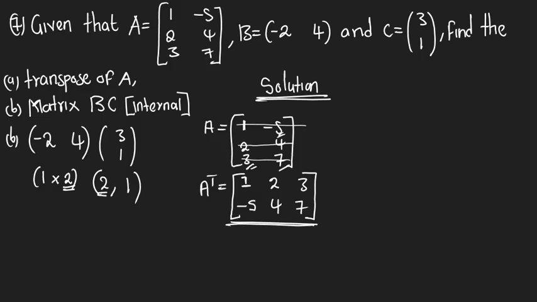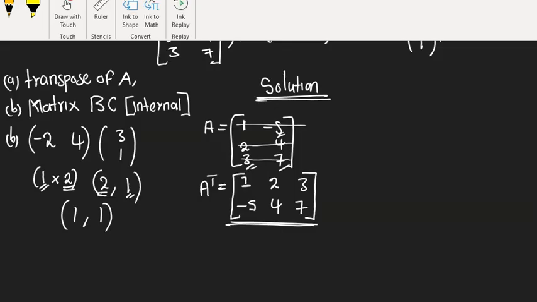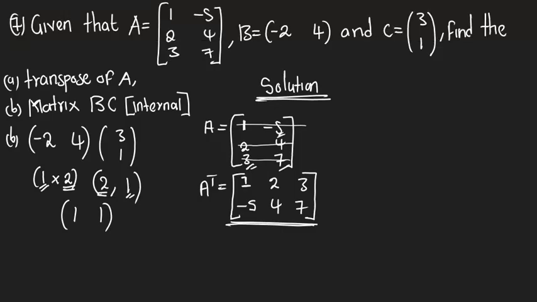Then these outer numbers are telling you that the matrix is going to be a 1 by 1 matrix. So these two becoming the same tells you it's possible to multiply. Then this and this is telling you it's a 1 by 1 matrix. So you can multiply now.